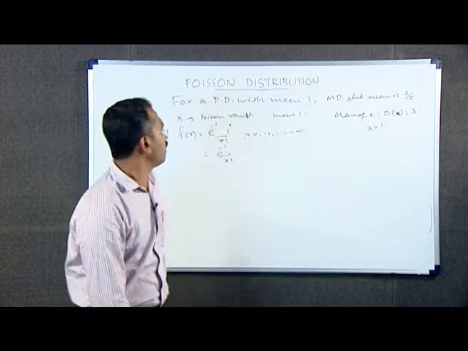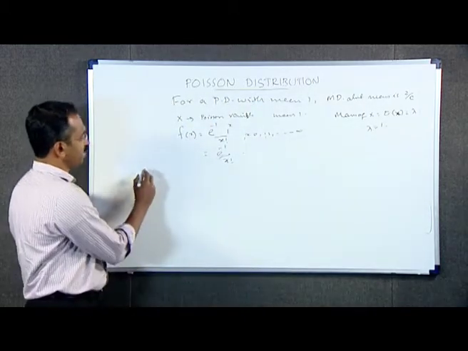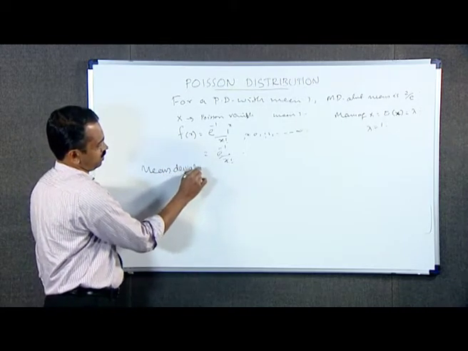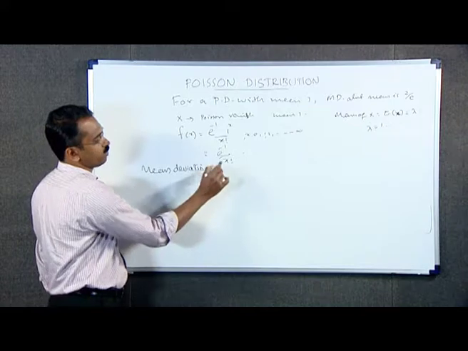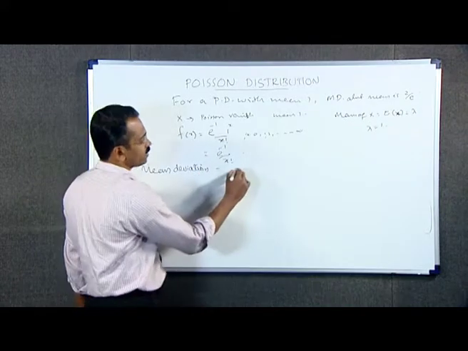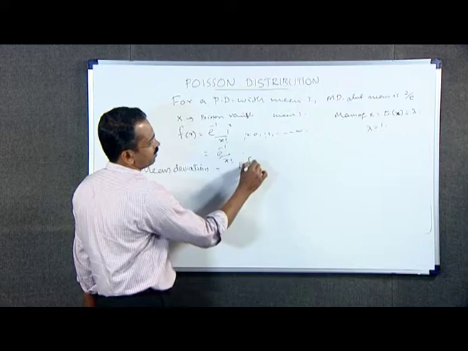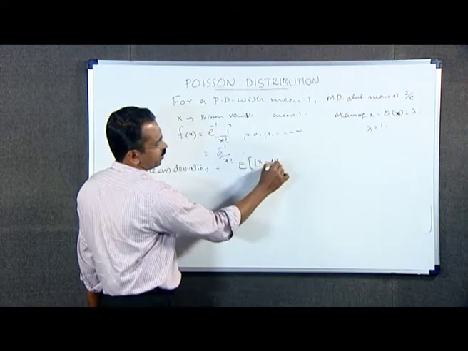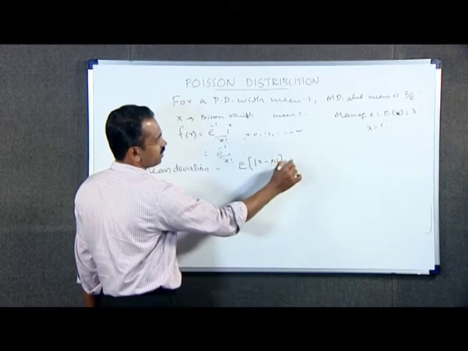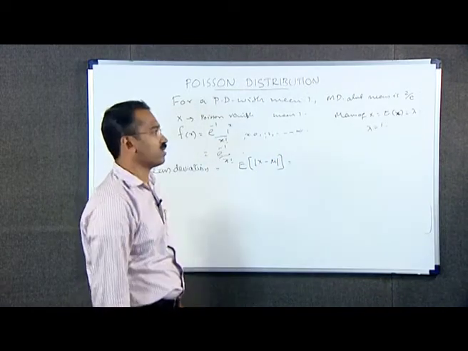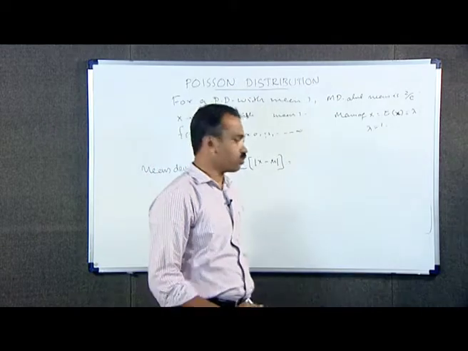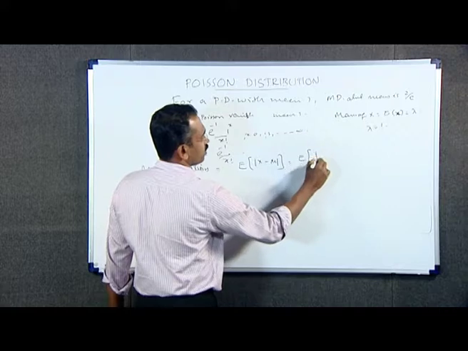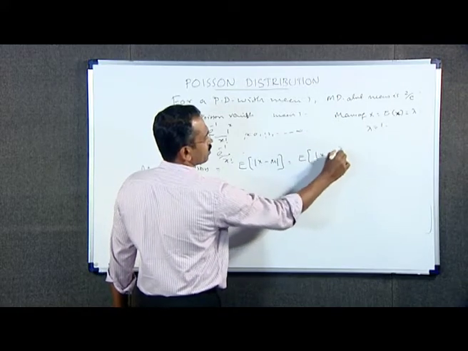Now, by the definition, the mean deviation about mean is expectation of modulus of x minus mu. Mu is the mean. Here the mean, the parameter lambda, is equal to 1. Therefore, this is equal to expectation of modulus of x minus 1.